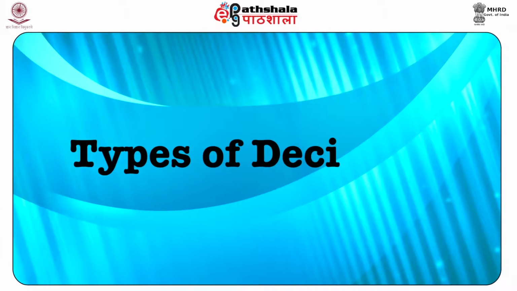Now let us discuss the types of decisions. There are various types of decisions which are to be taken while projects are undertaken. These decisions can be regarding a new undertaking or an existing undertaking.